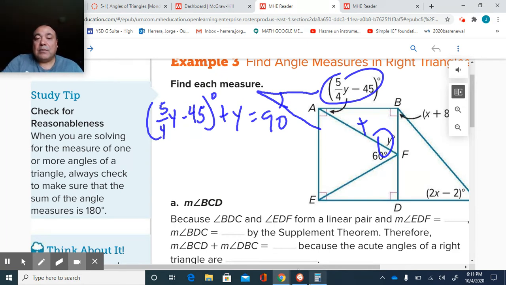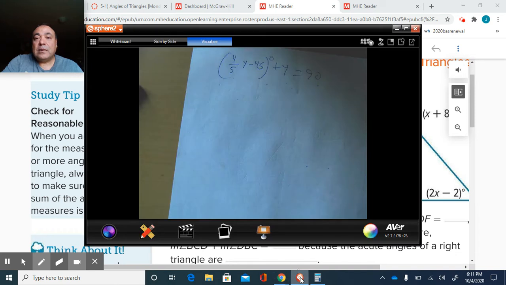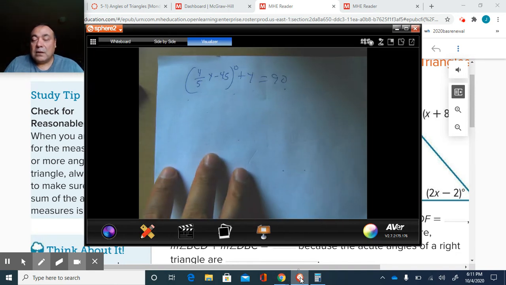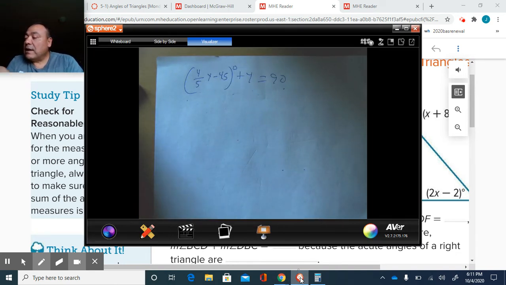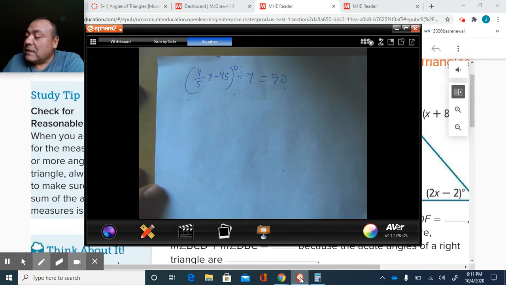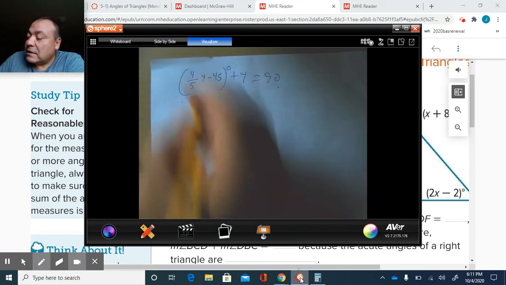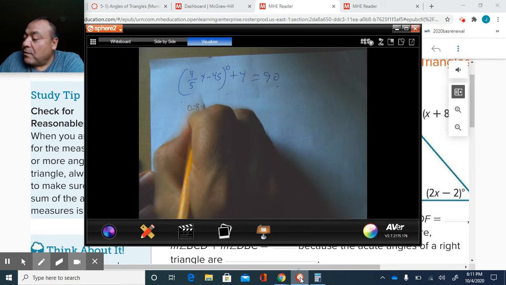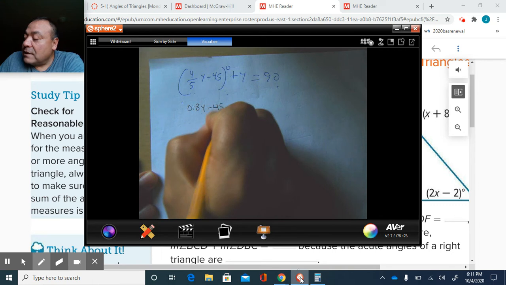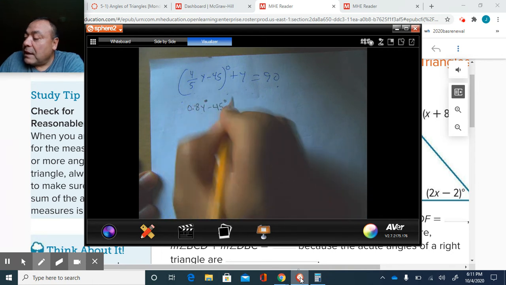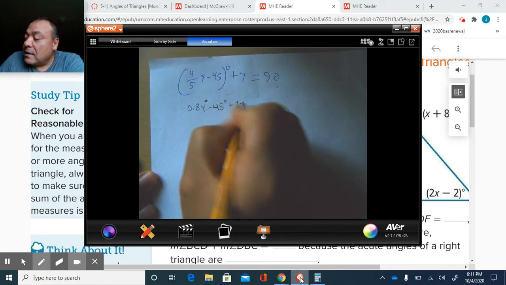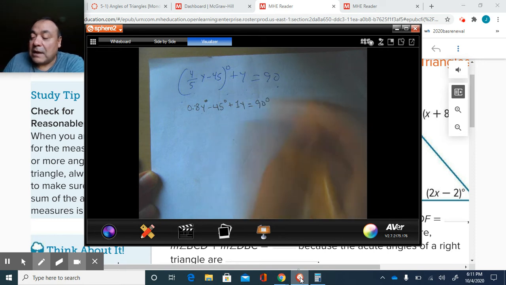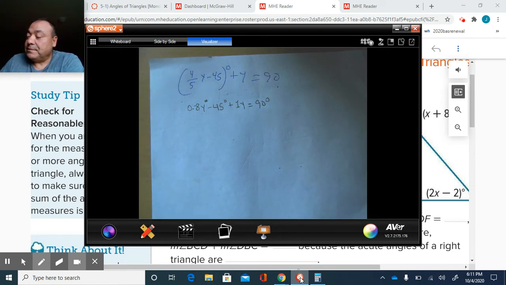So let me go back here. And there you are. Okay, there's nothing around, guys. We got 4/5. And some of you are so good at this, guys. You can say, well, that's just the same thing as 0.8 y, right? 4 divided by 5. And then minus 45 degrees plus 1y equals 90 degrees. So I'm going to combine like terms right here.